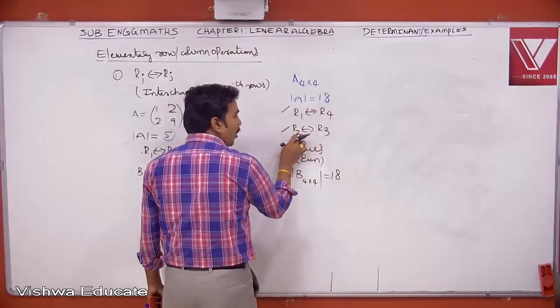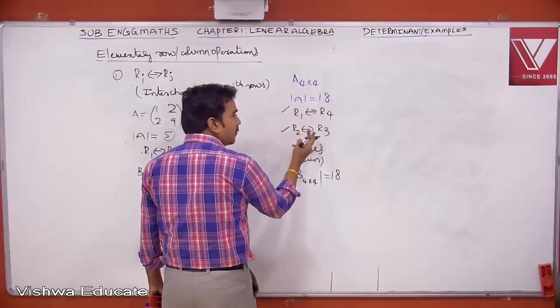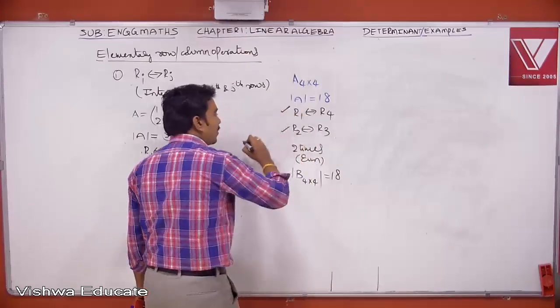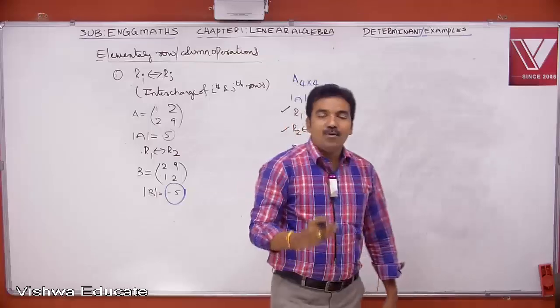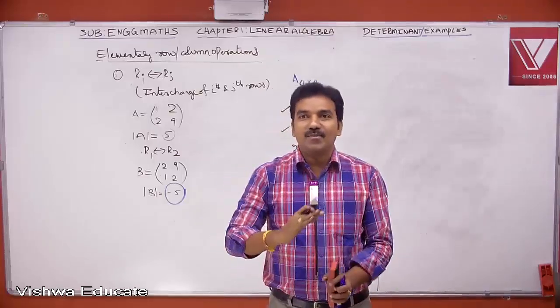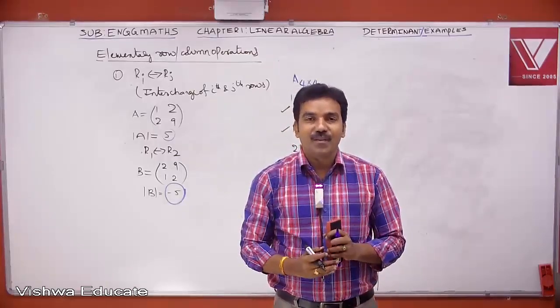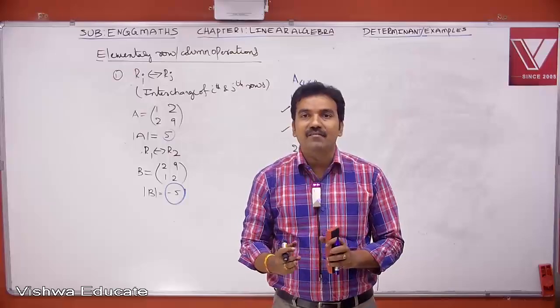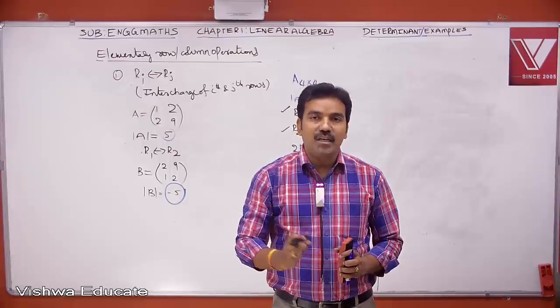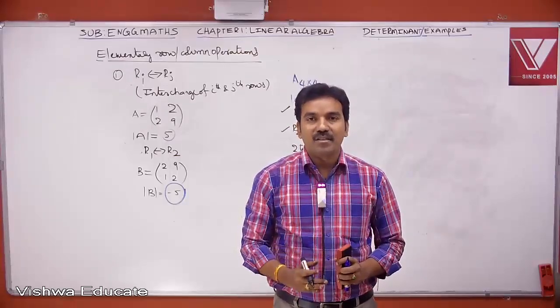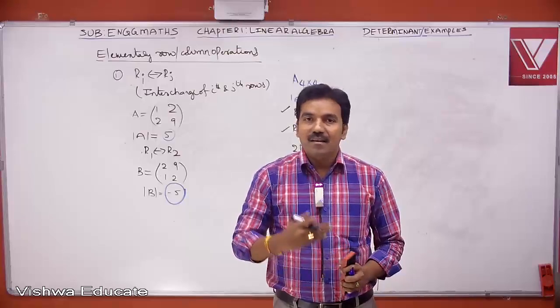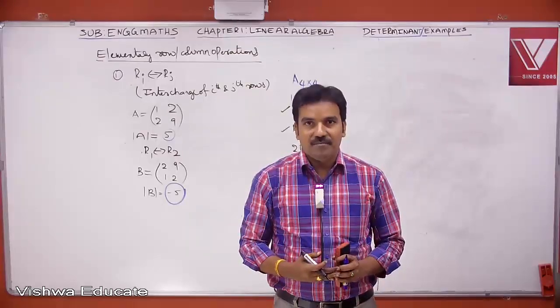R4 is involved, not R4. So all the rows are different. So no matter which rows are getting interchanged, the only point is how many times the rows are getting exchanged. So if the rows are getting exchanged an even number of times, there is no change in the determinant value. If the rows are getting exchanged an odd number of times, it is affected by a minus sign.